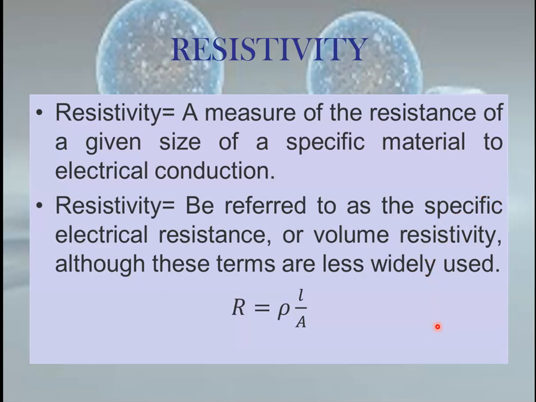Resistivity is a sibling to resistance, but it's not similar to resistance. Resistivity is a measure of the resistance of a given size of a specific material to electrical conduction.